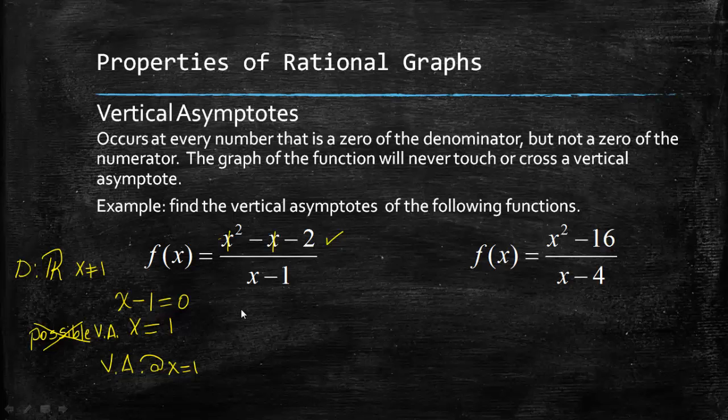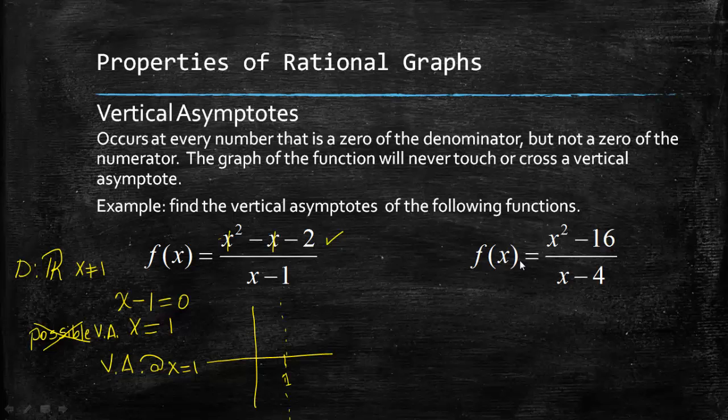It can be one of the two, okay? But in this case here, I've checked it in the numerator. I did not get a 0. That means this is in fact a vertical asymptote, and it occurs at x equal to 1. That means when we start sketching these functions, at the value x equal 1, I will have a vertical asymptote that looks like that, a dashed line. That's my wall, okay?